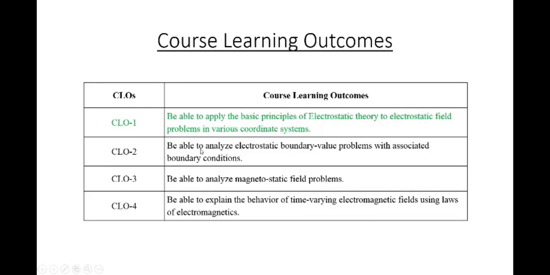CLO2: be able to analyze electrostatic boundary value problem with associated boundary conditions. CLO3: be able to analyze magnetostatic field problems. CLO4: be able to explain the behavior of time varying electromagnetic fields using laws of electromagnetics.